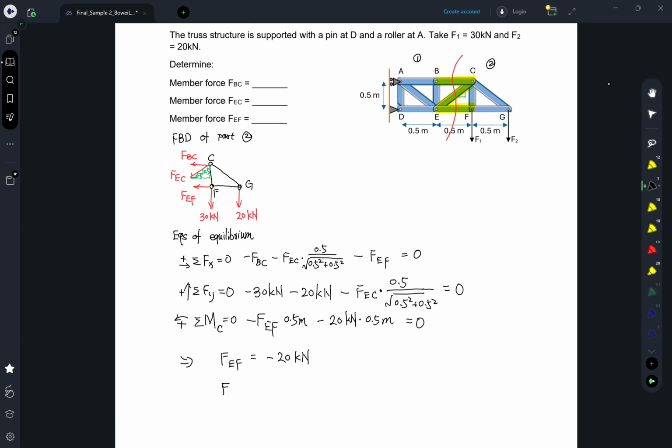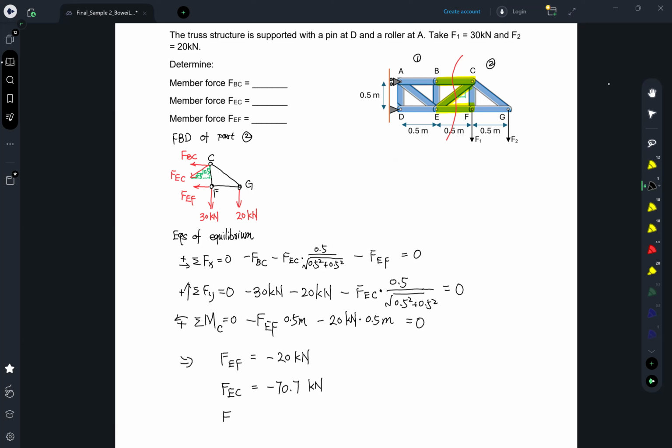By the second equation, FEC equals negative 50 kilonewton times the square root of 2, which is negative 70.7 kilonewton. Again, the negative means compression. Substitute FEC and FEF back into the first equation.